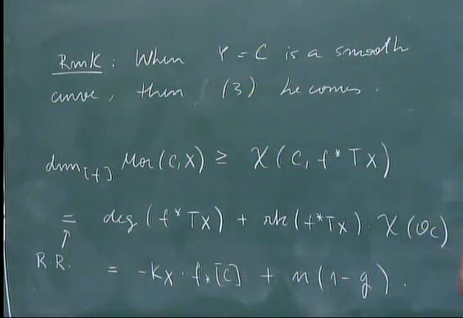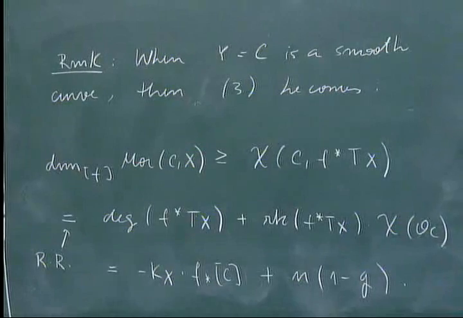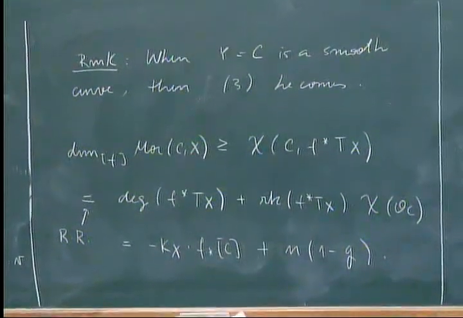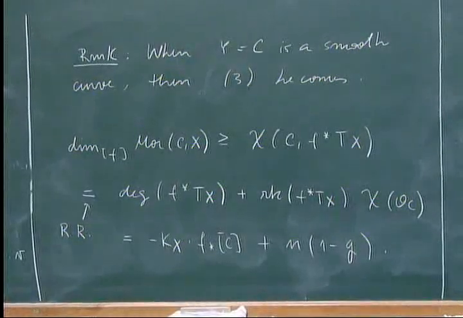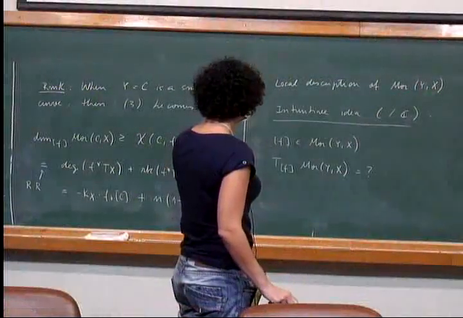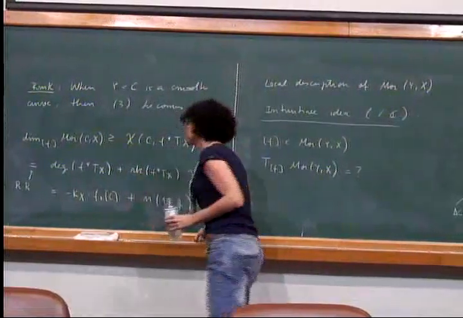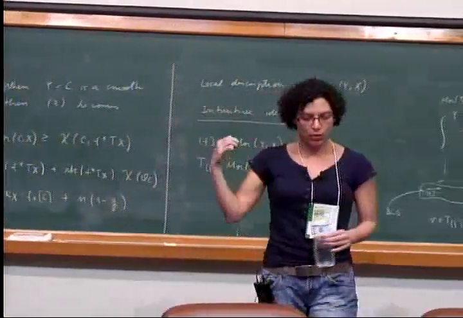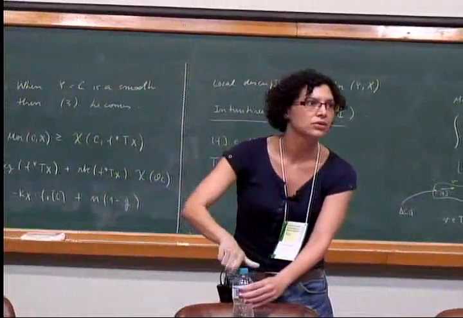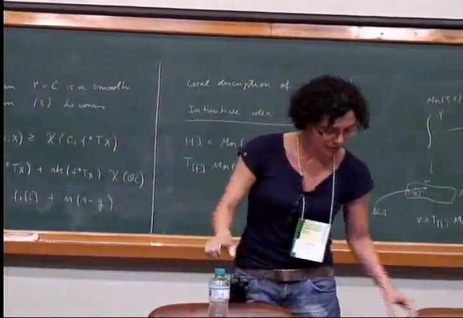So this is precisely what we had in that example when C was P1. So I guess we stop here today, and then tomorrow we will explore this deformation theory to start the proof of Mori's theorem.